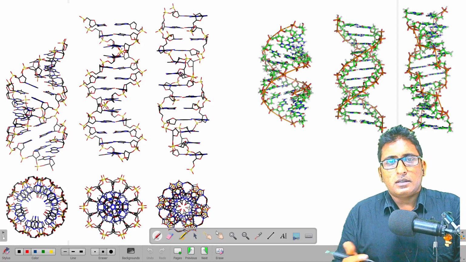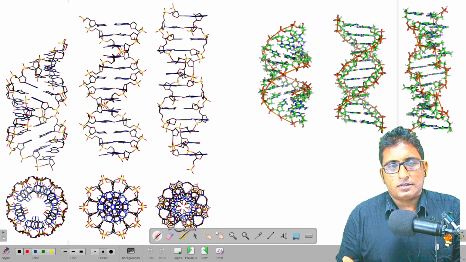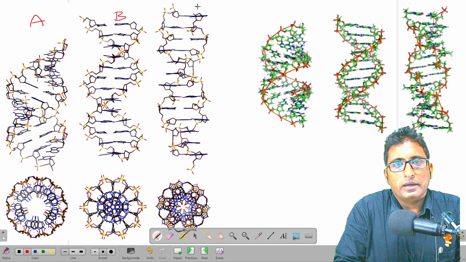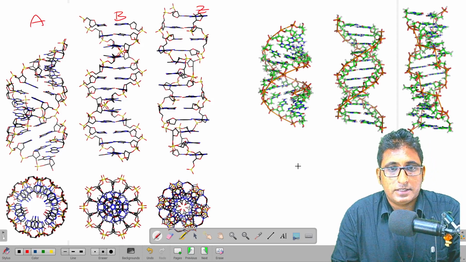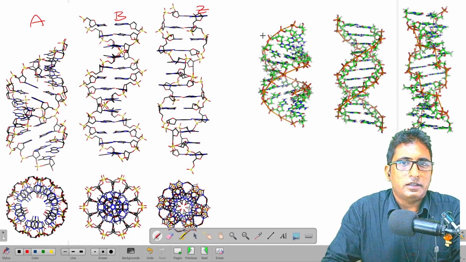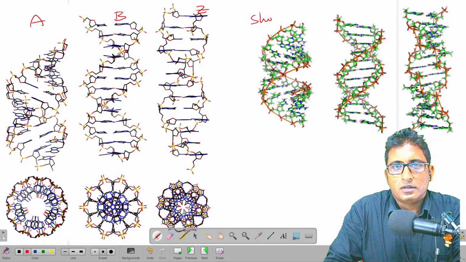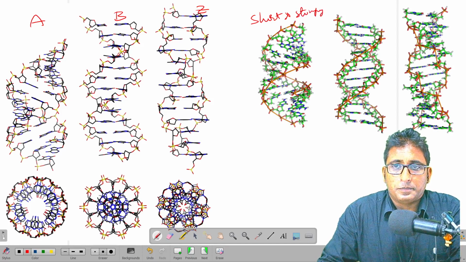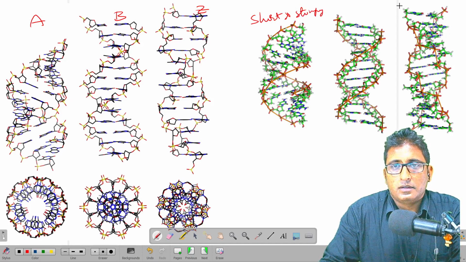There are several other DNA forms, say something like A-DNA, B-DNA, and Z-DNA. So they do differ in several features. One of it, the way I remember, is that A-DNA is short and stumpy, and Z-DNA is long and slender.